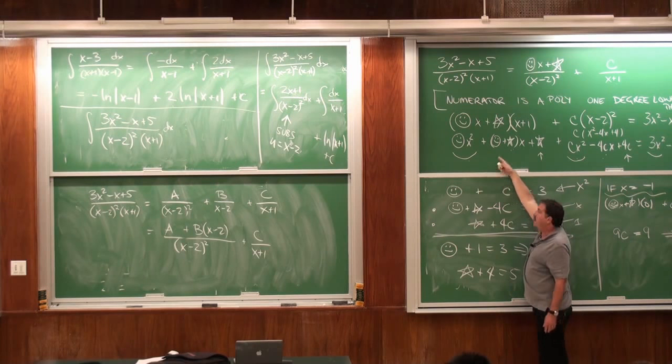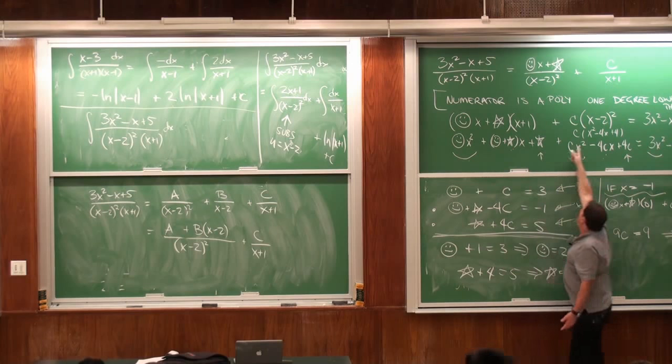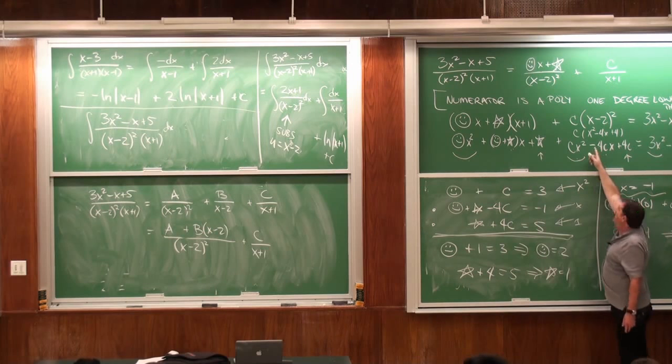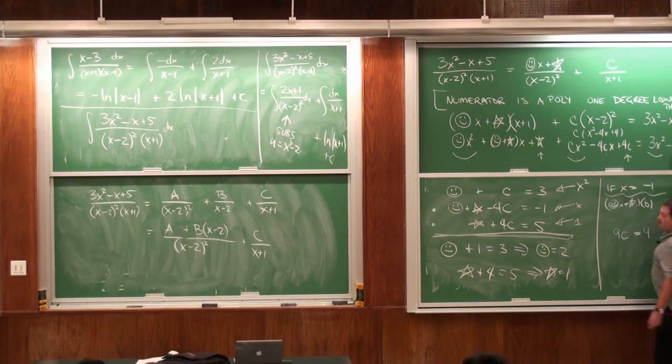When x is negative 1, this thing is 0. And then I have 3c, or negative 9c equals 9. So by a judicious choice of x, I can make the equation simpler.